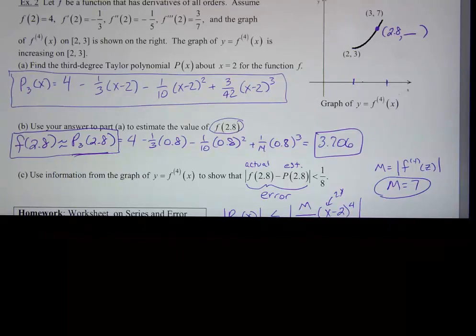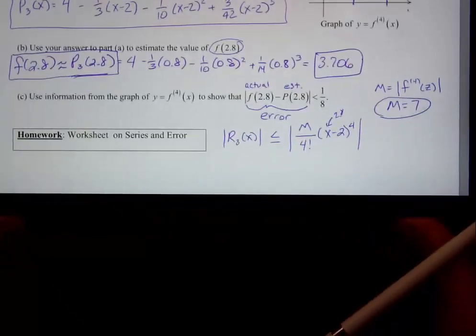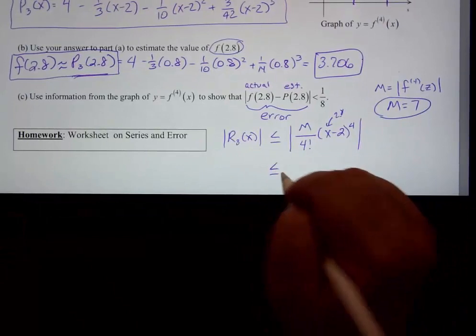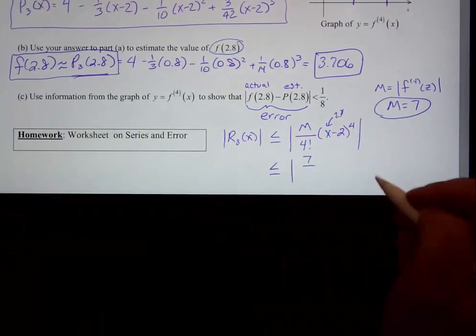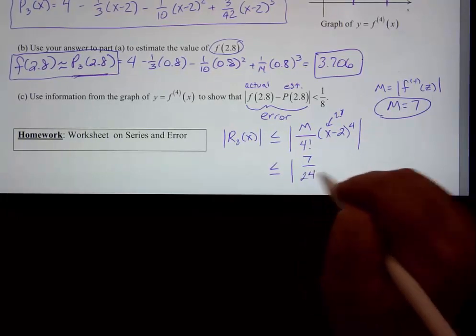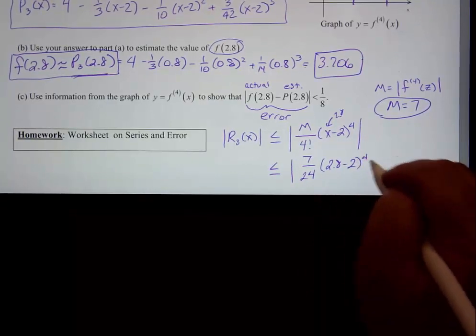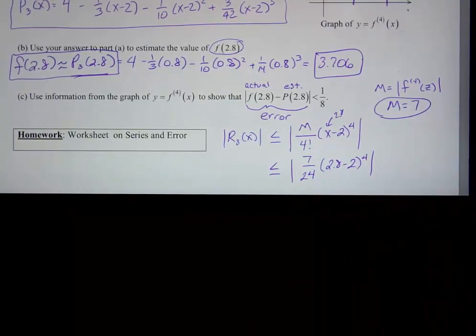So now I go back to my problem. I'm going to write in what I just found. So I now know that this is 7 on top. 4 factorial is what? 24. Then put in that 2.8 for the x, minus 2 to the 4th, and that goes in the calculator. Remember that anything for error has to be all numbers.